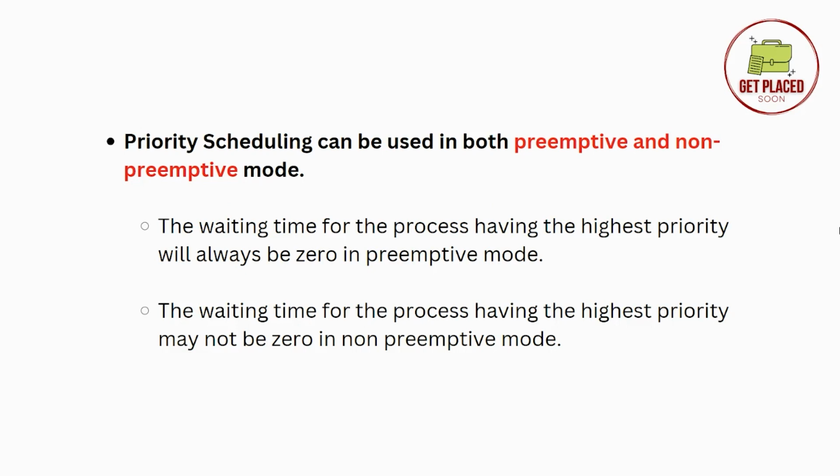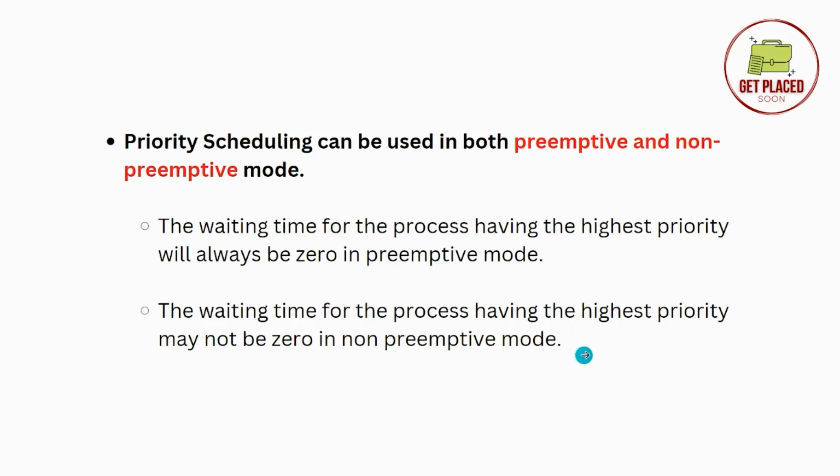What do we do in priority scheduling? We always select the process which has the highest priority. If you're doing it in preemptive mode, then the waiting time for the process which has the highest priority will be 0. Why? Because as soon as we start the scheduling process, we will use that process. That's why for the highest priority, the waiting time will be 0.